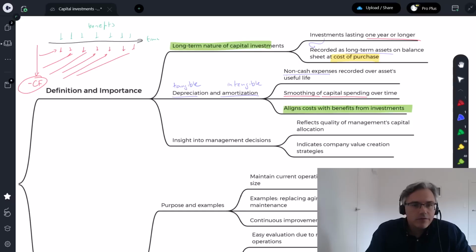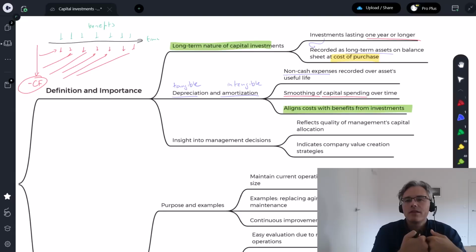It's important for us financial analysts to understand a firm's capital investment process, capital allocation process, because capital investment, what the company spends money on, gives us a really good picture into a company's future prospects.